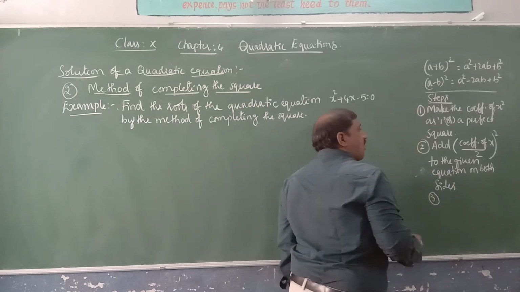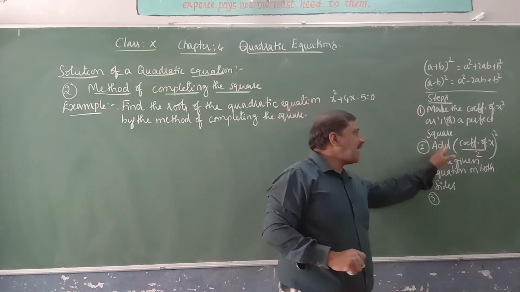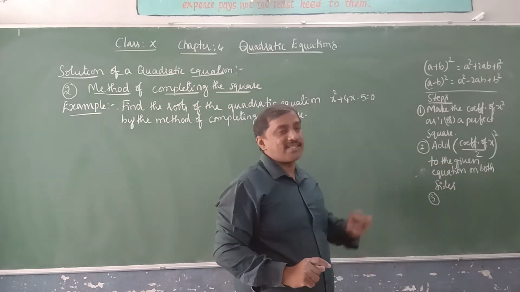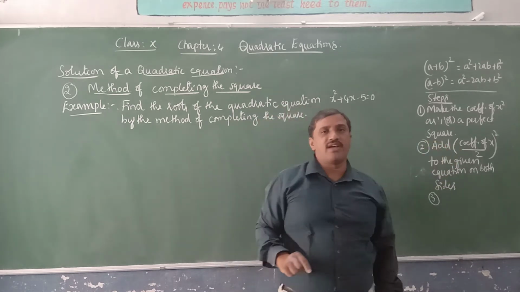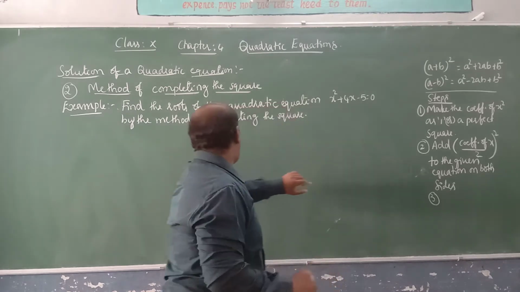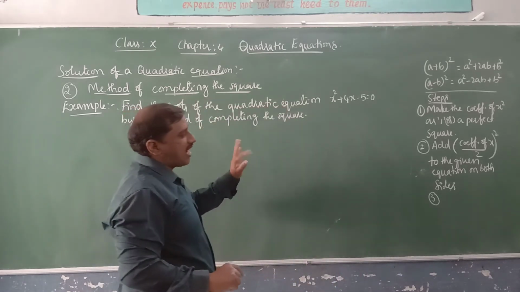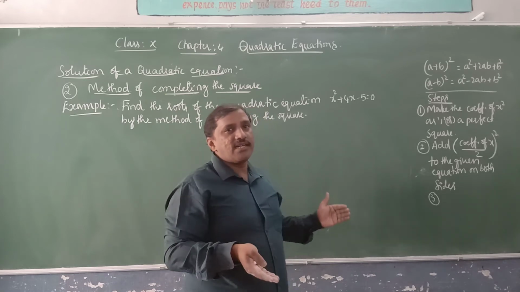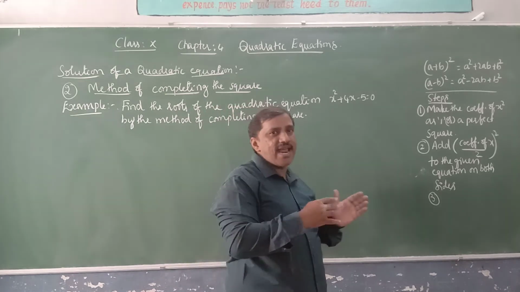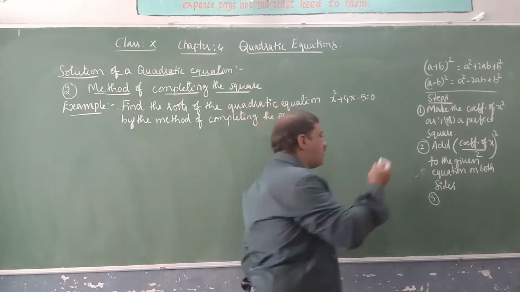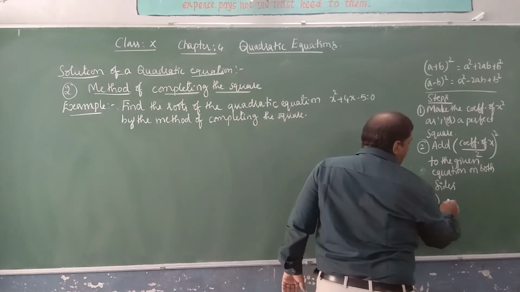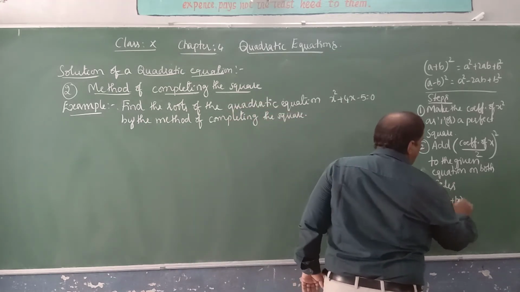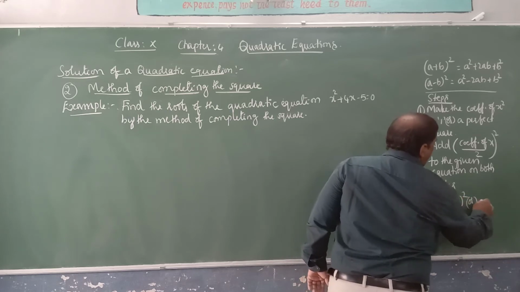That is coefficient of x divided by 2 whole square, the square of half of the coefficient of x, should be added to the given equation on both the sides. Then after simplifying, we will change the given equation into the form of either a plus b whole square or a minus b whole square.